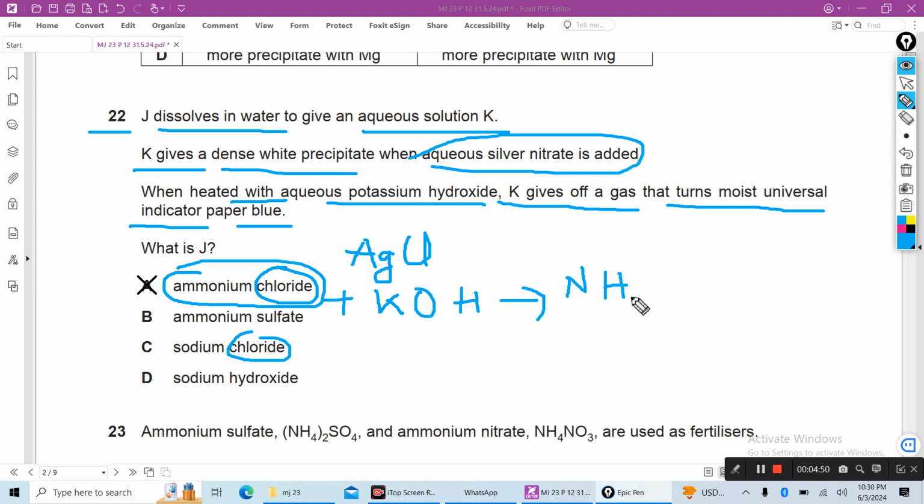Ammonia gas is alkaline, which turns universal indicator paper blue. So A is the right answer. Silver nitrate reacts with chloride ion to form silver chloride white precipitate, and ammonium ion reacts with potassium hydroxide to produce alkaline gas ammonia, which turns universal indicator paper blue.